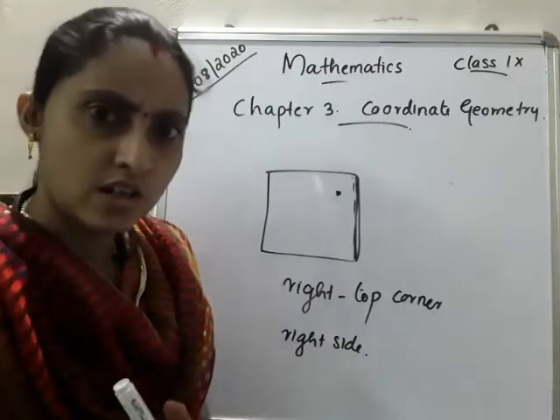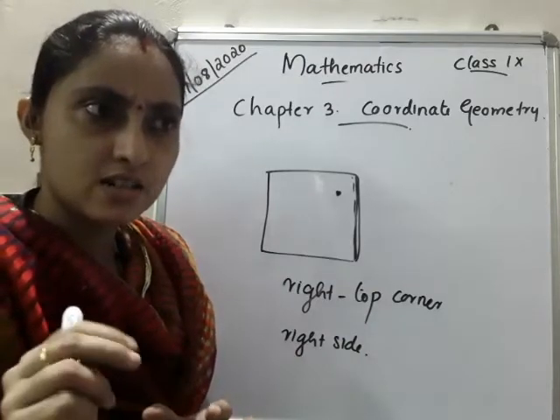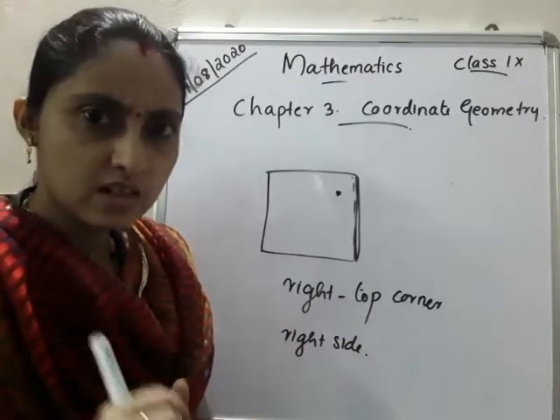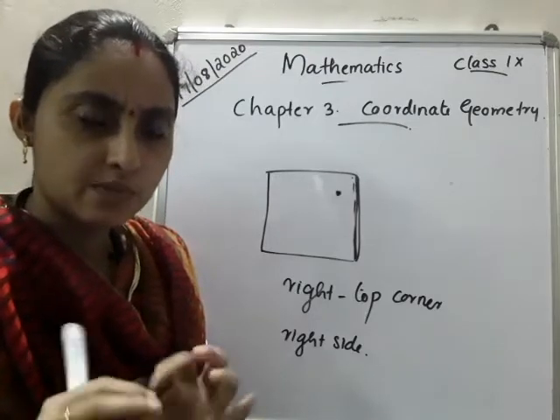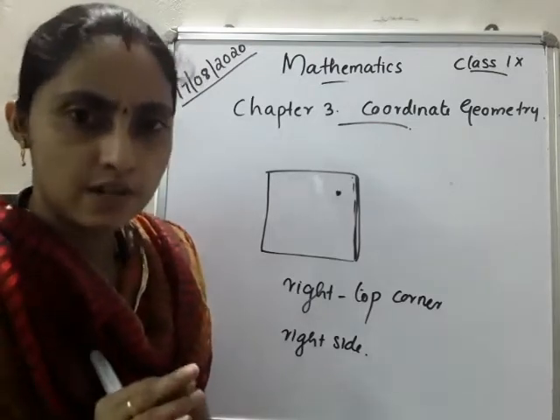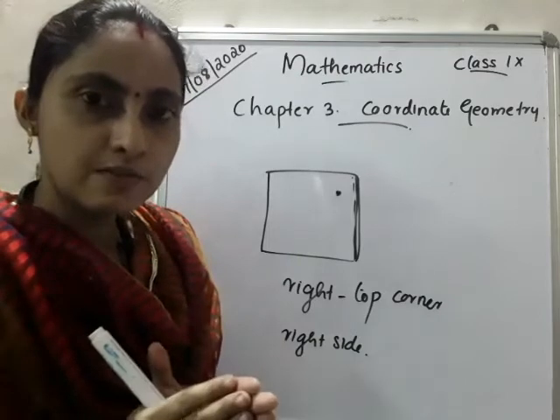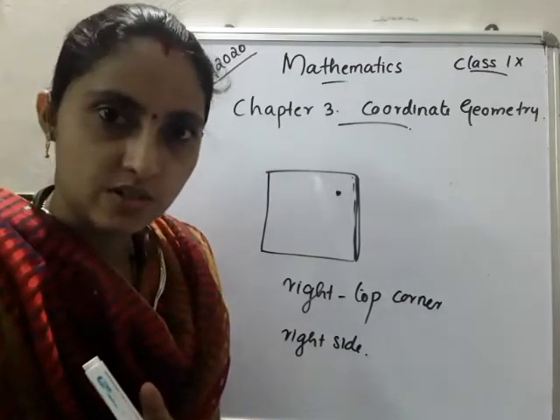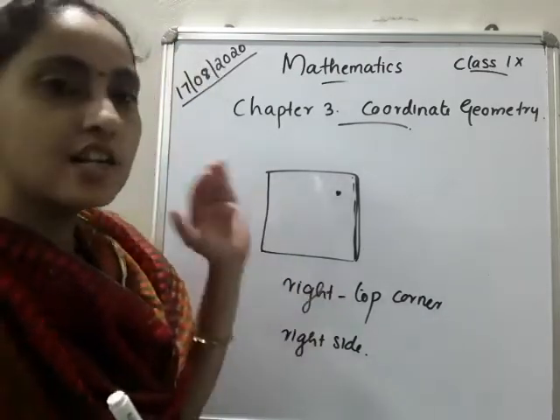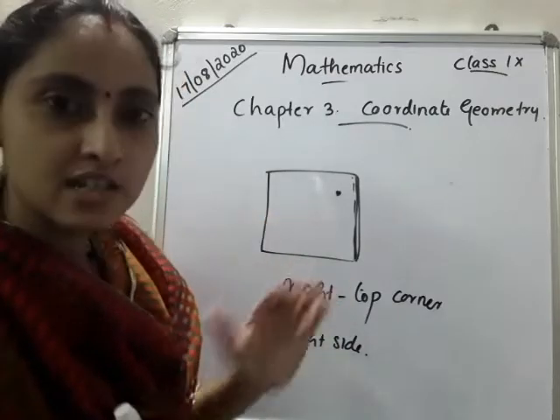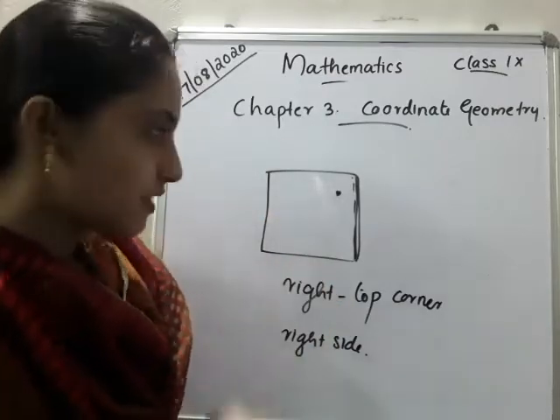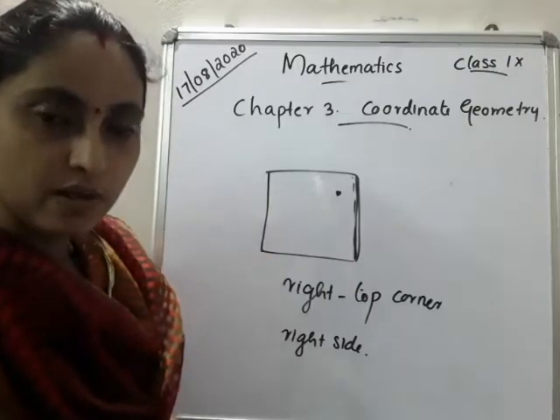There are some more questions from this chapter, and one or two different varieties like plotting the points, which we have to discuss. So today itself the chapter will be finished. We need two things to express one point. Clear? Hope you are clear on this concept, then we'll move to our concept.